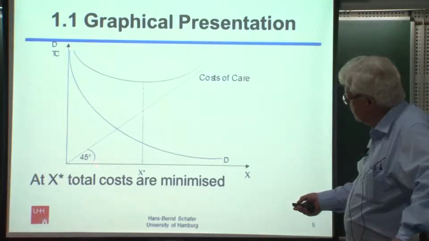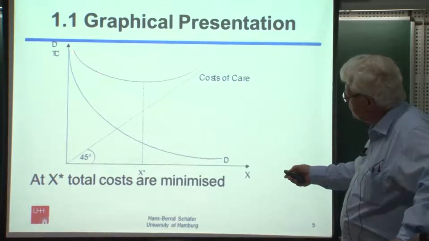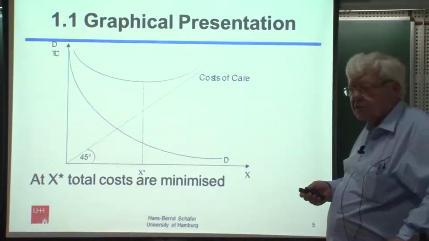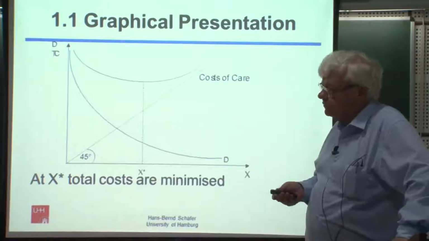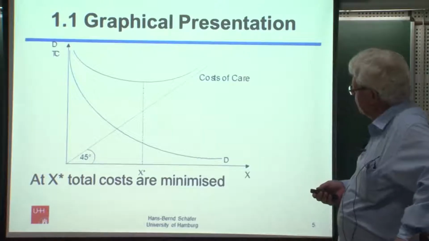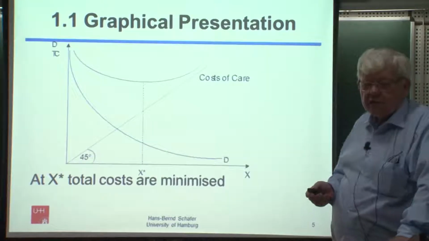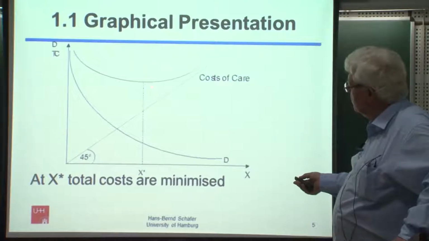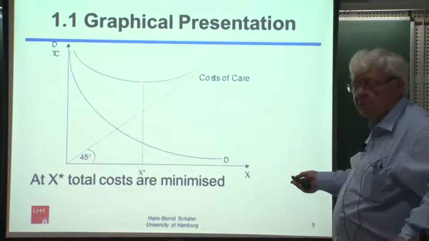That is, you must laterally add this amount and this amount, and then you get a point on this curve. This curve here is the total cost curve, consisting of accident costs, the primary cost of accidents, plus the cost of abatement, the cost of care. And what you see here is that this curve is what mathematicians call well-behaved, in the sense that it is a convex function, and there is an interior minimum of this function.